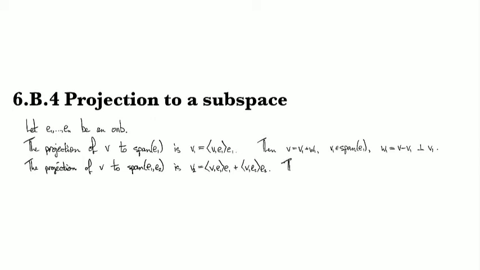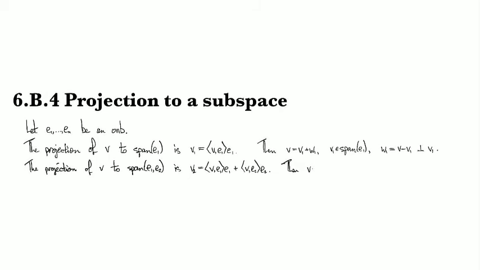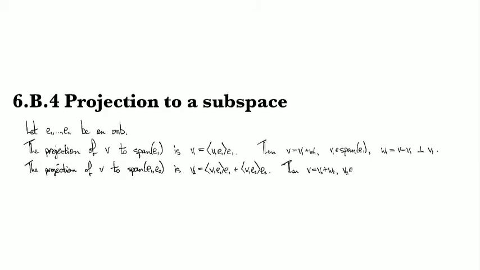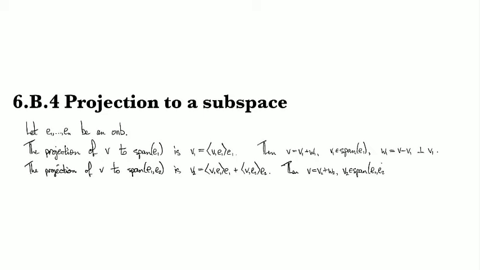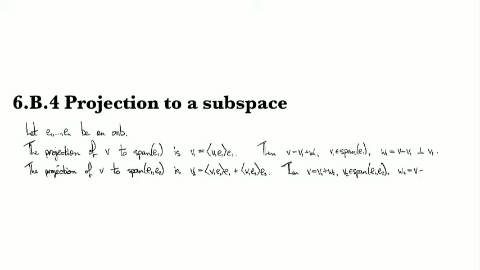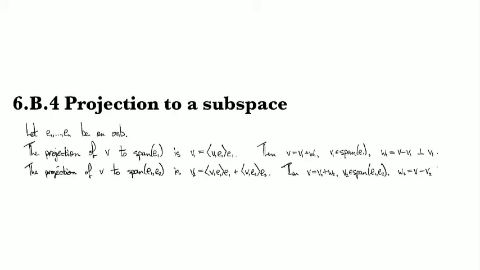And then just as before, we have that v looks like v2 plus w2, where v2 is this thing that we just created in the span of e1, e2, and w2, which is v minus the projection to the span of the first two vectors, is orthogonal.